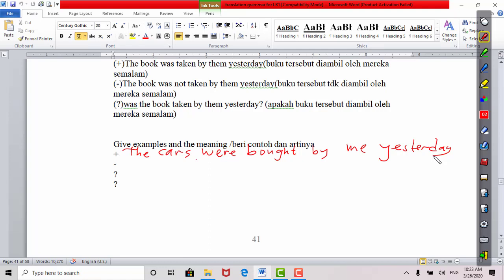Why do I put were here? Because the cars is plural, which means more than one car. Many, so we have to put were. But if it is only one car, you put was.